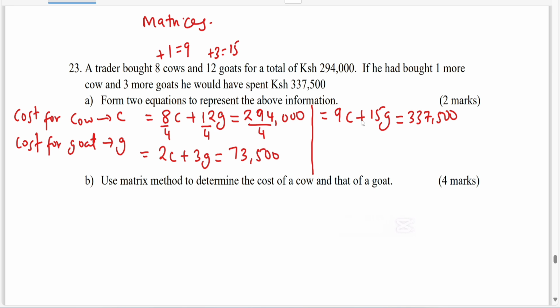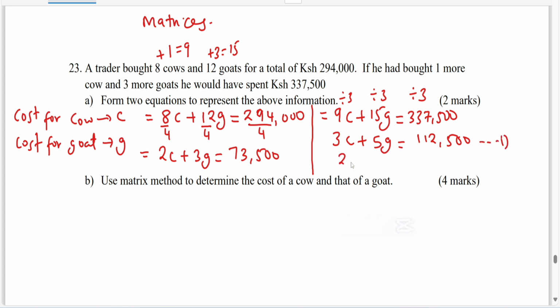Okay. So if you divide by 3 all out, divide by 3, divide by 3, it gives you around 3C plus 5G is equivalent to 337,500 divided by 3. Should give you around 112,500. So that's the first equation.